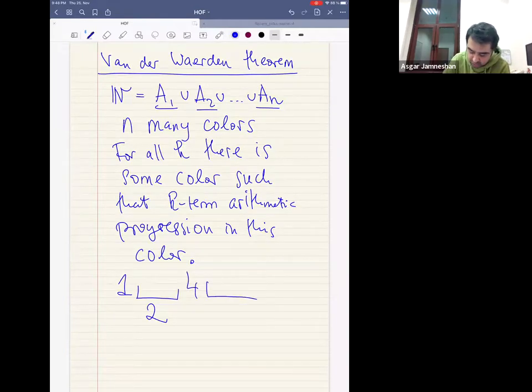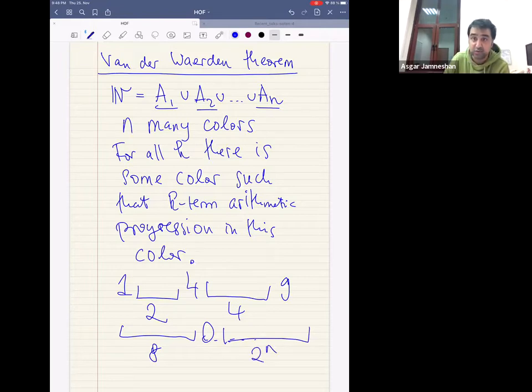And then you don't take a gap of 4. Then you take the next number, so this is 2, 4, 8, 9. And then you don't take the next 8. And you continue this way. So you take one number and then you skip 2 to the n many numbers.